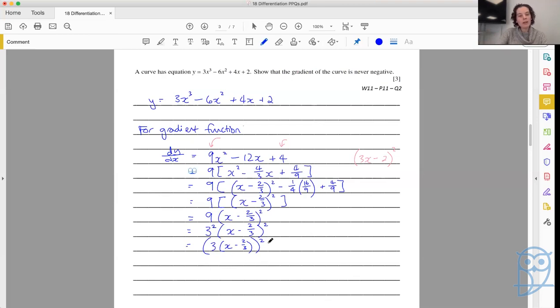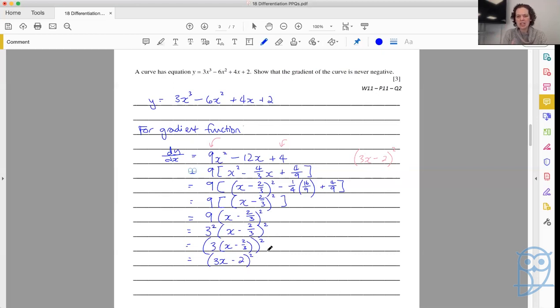Now, because the exponent is tucked out of the way, this equals 3x minus 2 all squared. Magic. Okay, so when you've got square numbers involved on both ends, you can have some funny games. If you want to do it the slow way around and work with your exponent laws, there's absolutely nothing wrong with it. So at the end of the day, our gradient function is this, 3x minus 2 all squared.